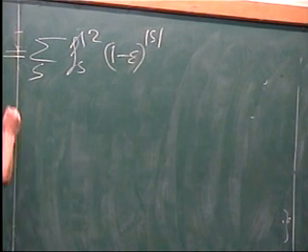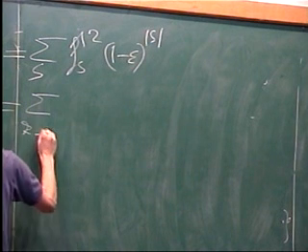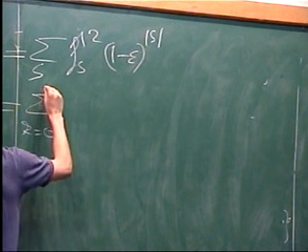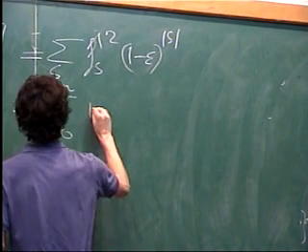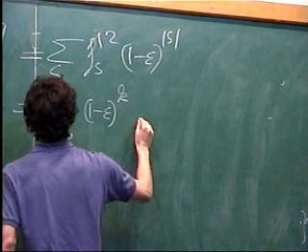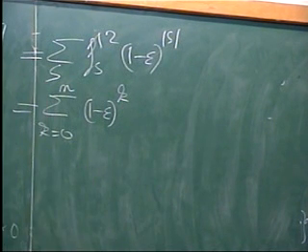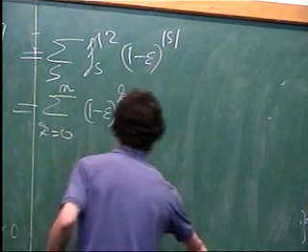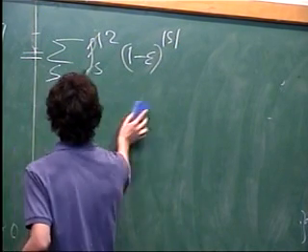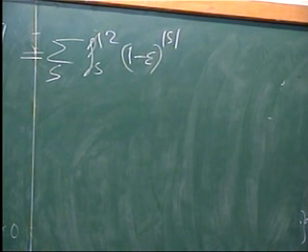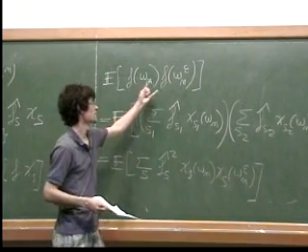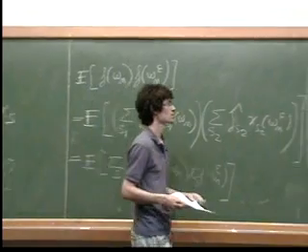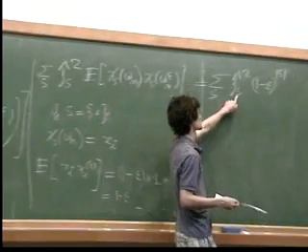You can write it as the sum k equals 0 to n of 1 minus epsilon to the k. Well, maybe we don't need to write it like this now. So what this formula says is that the correlation function between n bits and the noised version of the n bits is the sum of the Fourier coefficient squared times this.